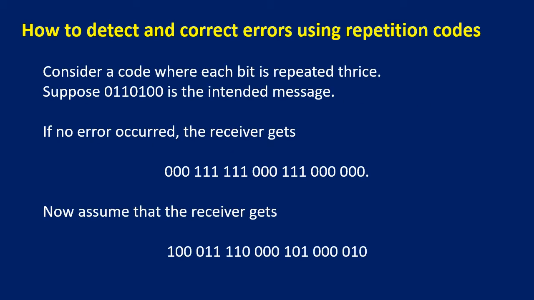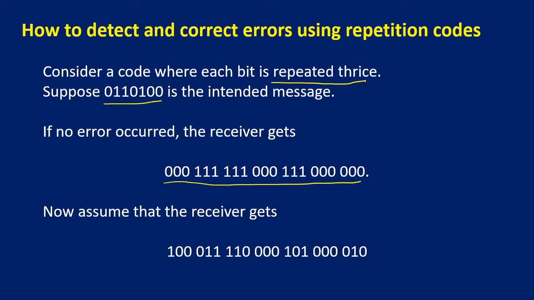How do you detect and correct errors using repetition codes? Now, suppose we have a code wherein each bit is repeated thrice. And suppose that this is your intended message. If there is no error, you should be able to get this message.